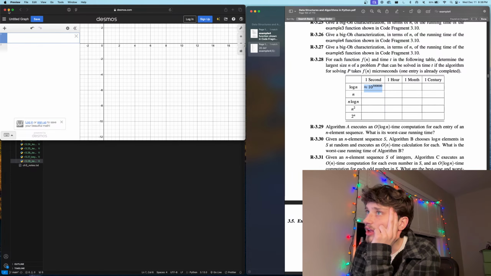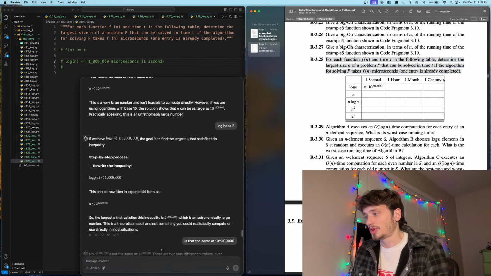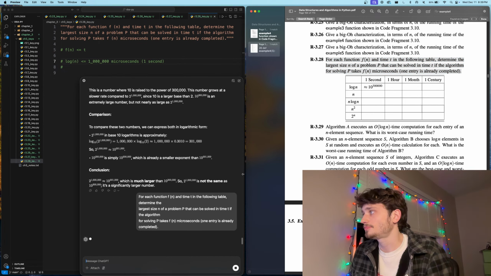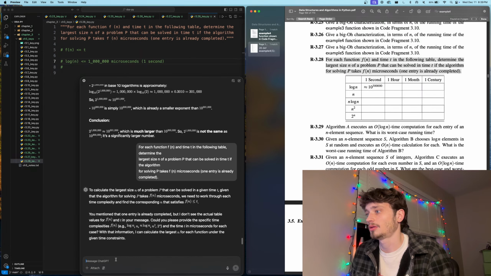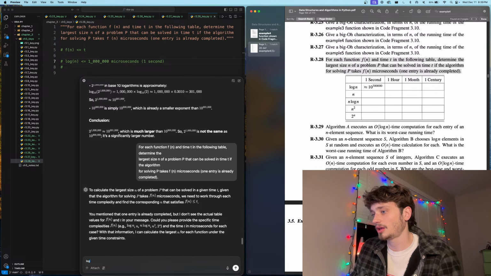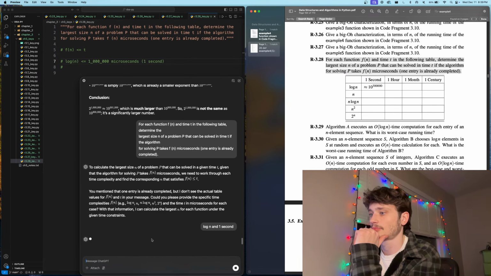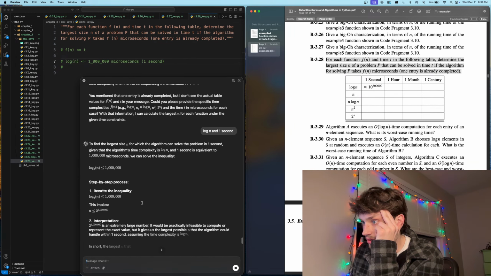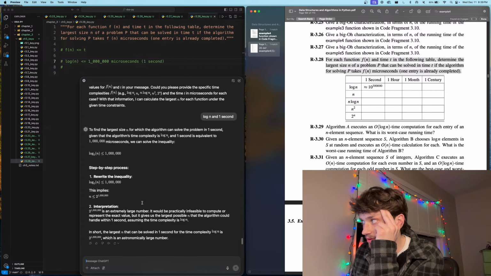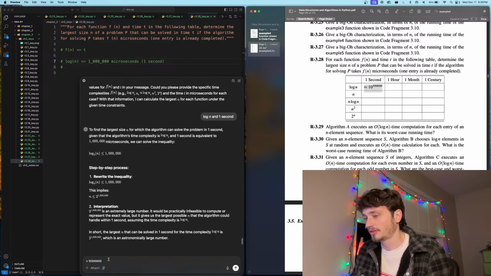It gave us one of the answers for us, but I cannot get it again. So let me take this and paste it into the Jippity. We'll say boom. Okay. Say log n and 1 second. To find the largest n value, 2 to the power of a million. I got this.